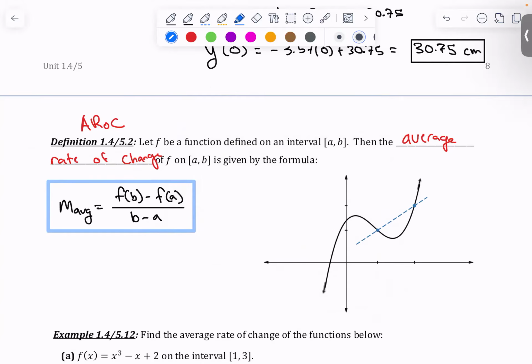Okay, a couple things though. Why do I have to learn a new formula? That's so lame. Hate that. It's not a new formula. This is just the slope formula with function notation.